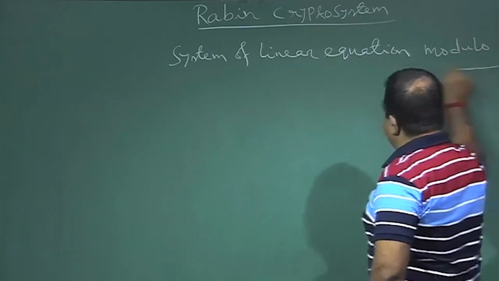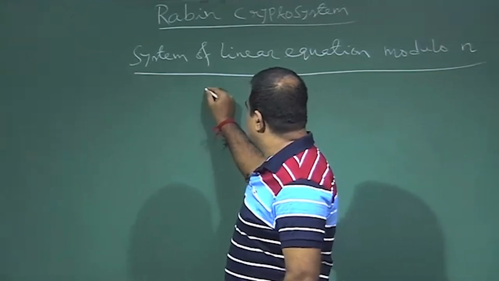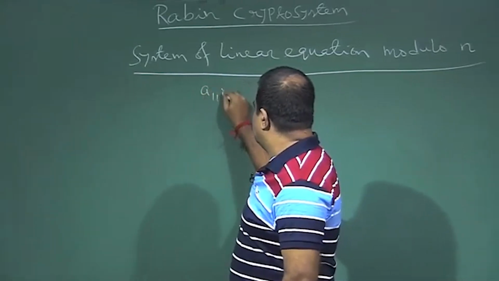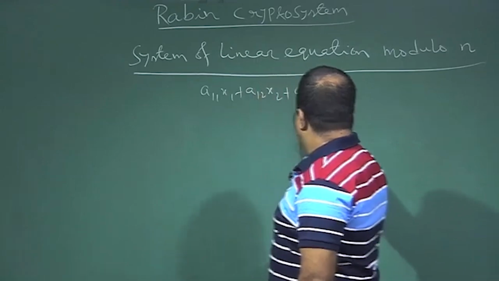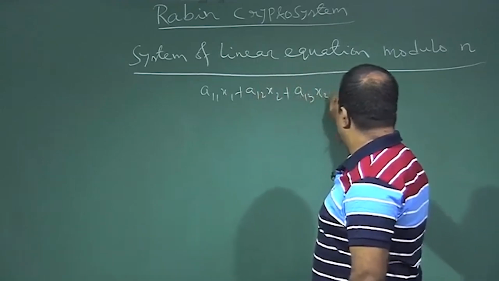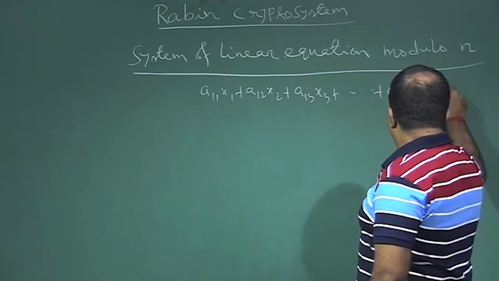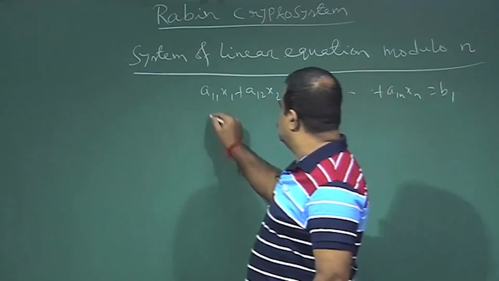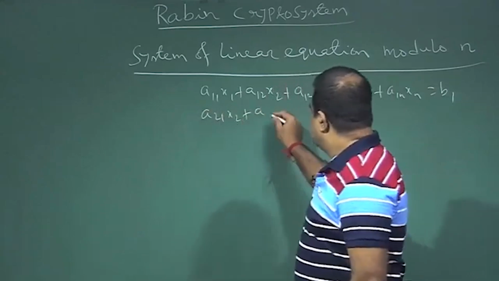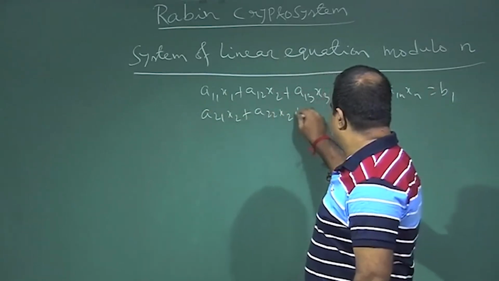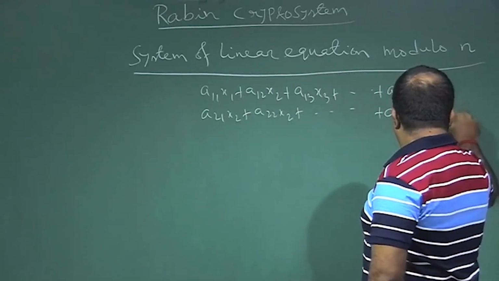So basically we have a system of linear equations, say a11 x1 plus a12 x2 plus a13 x3 and so on up to a1n xn equal to b1. This is the first equation. Then the second equation is a21 x1 plus a22 x2 plus up to a2n xn equal to b2.